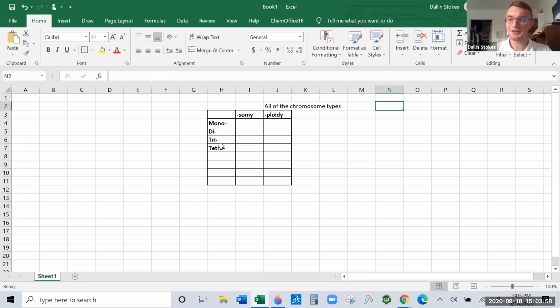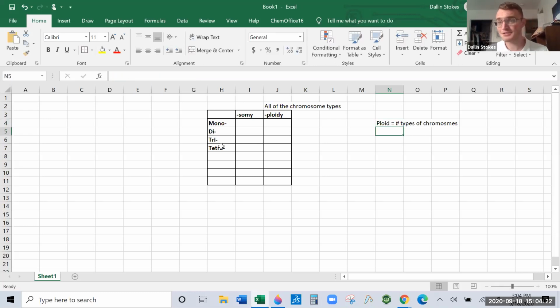So the way that I like to think about these is determine what the creature's ploid is. I totally made that word up, but each creature has their own ploid number. A ploid is equal to the number of types of chromosomes that that creature has.